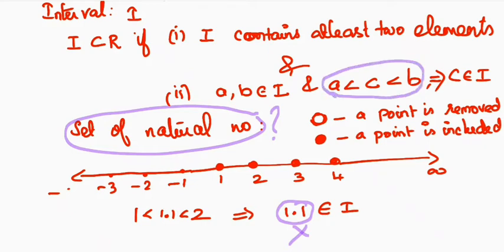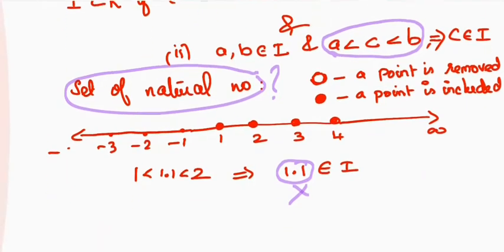If we have two elements A and B, all the elements in between A and B should be present in that interval. But here 1 and 2 I consider, 1 is a natural number, 2 is also a natural number, but between them the numbers 1.1, 1.2, 1.5 do not belong to the set, because 1.1, 1.2, 1.3 are not natural numbers.